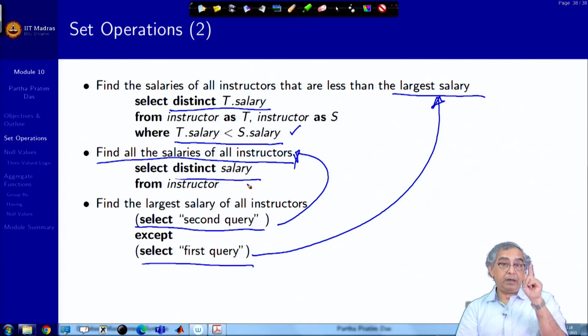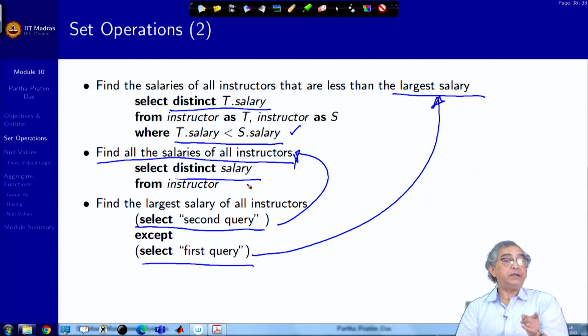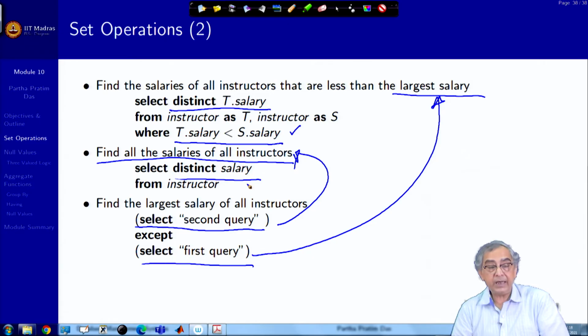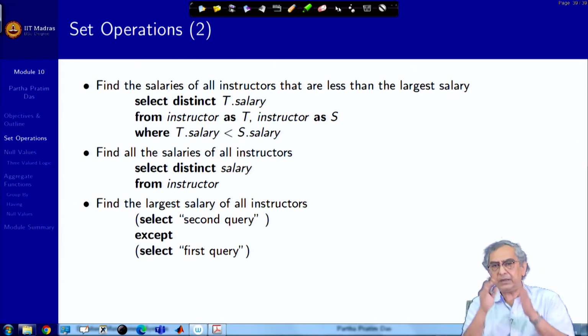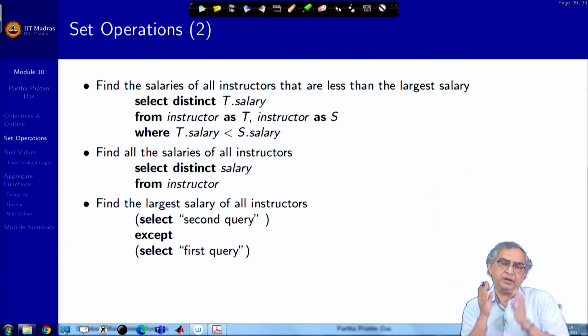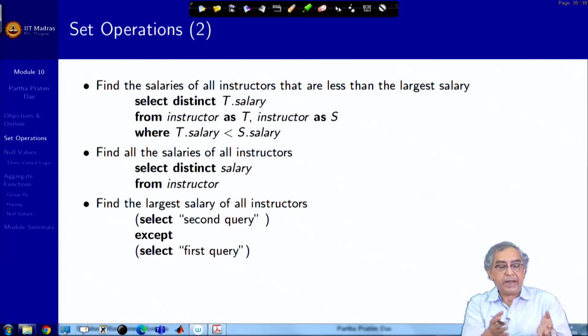And mind you, this is where it will be different from doing it using the aggregate function, where at the end I do not get a table, I actually get the value. Here I will get the value as a record of a single field in the table. Okay. So, set operations come out to be very handy often, because if you can think certain things in a relational way, traditional relational algebra, then it gets easier to directly put it to set operations.